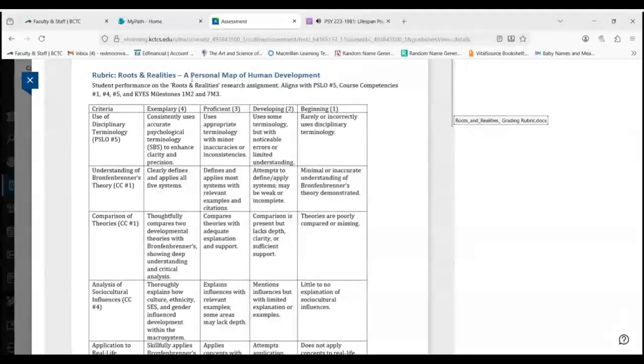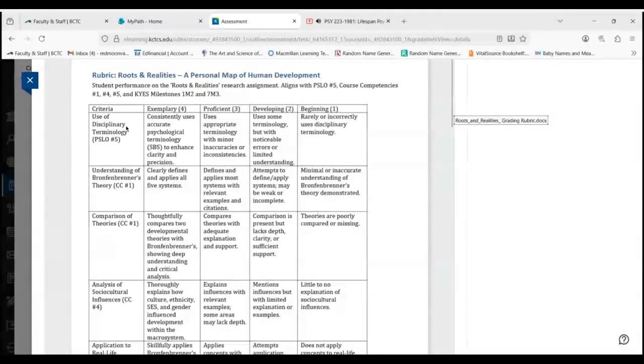So just to take a look, so you'll either get all the points for these, which is 4, or less than 4. So on the left-hand side, these are the criteria, the 10 different areas that you're going to be graded on.